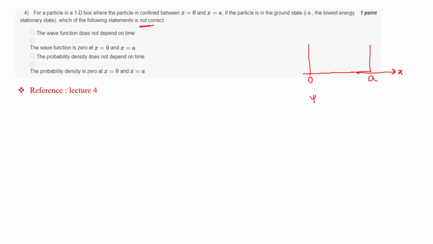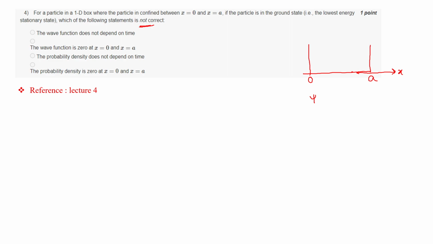Whenever a particle in a box was discussed, it was mentioned that for a particle confined in a box of length a, the wave function psi x comma t equals root of 2 by a times sine n pi x by a times e to the power minus i E n t by h cross, and the energy for this particle in a 1D box is n square h square by 8 m a square.